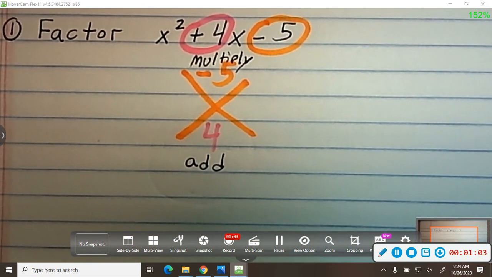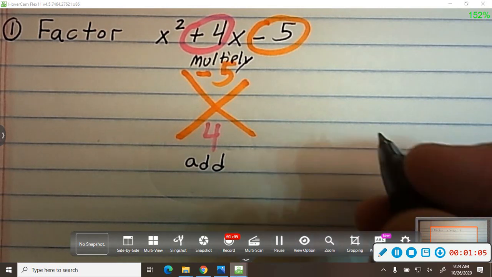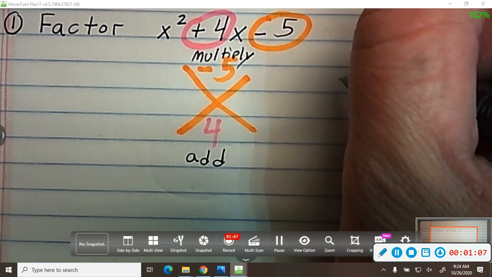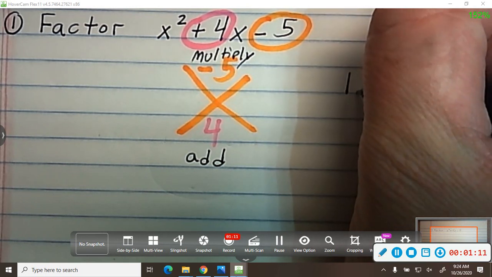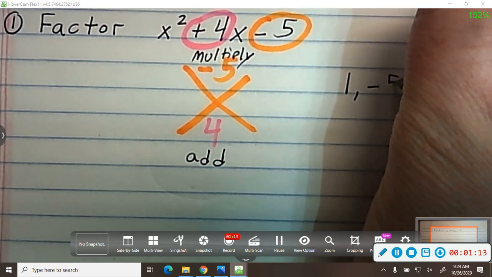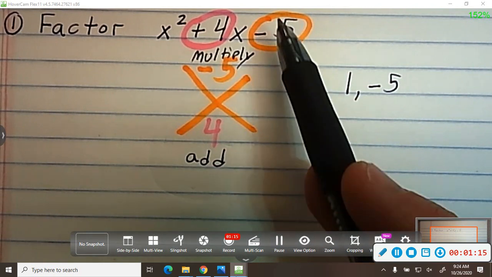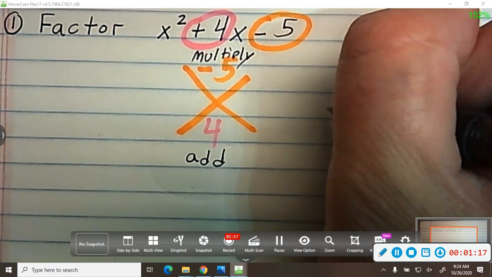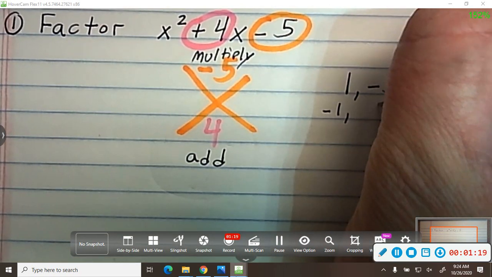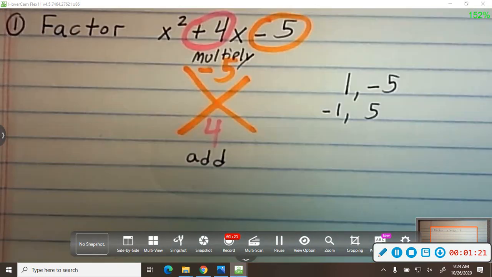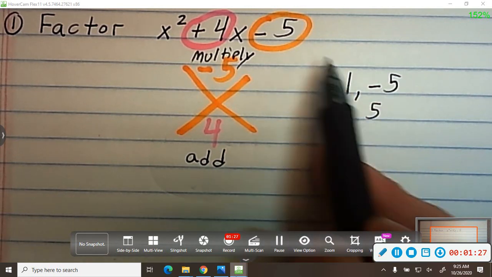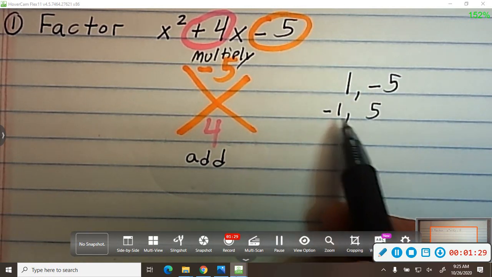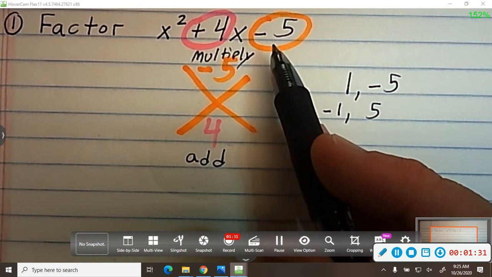So I'm going to think about -5, and I know that 1 and -5 multiply to -5, and then I also know that -1 times +5 is -5, and those are the only 2 combinations. 1 times -5 is -5, and then -1 times +5 is -5.